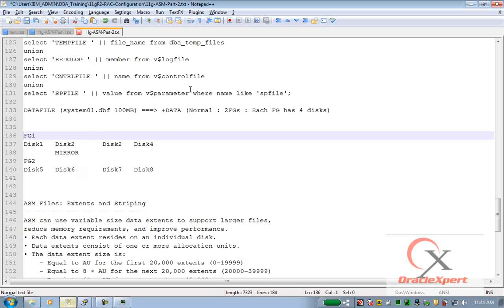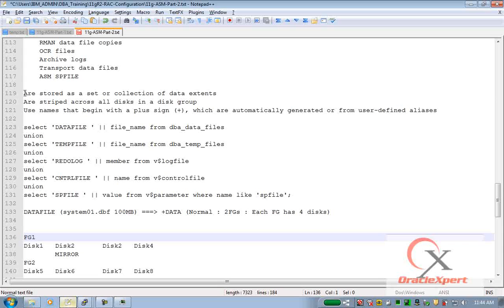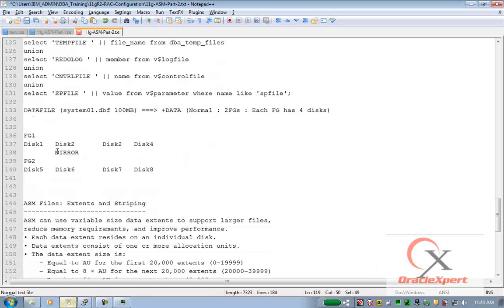Then number 1, the files are stored as a collection of data extents. I am going to elaborate further on what a data extent is. Each disk will receive one or more data extents. A data extent is made up of allocation units, so the smallest size is an AU.